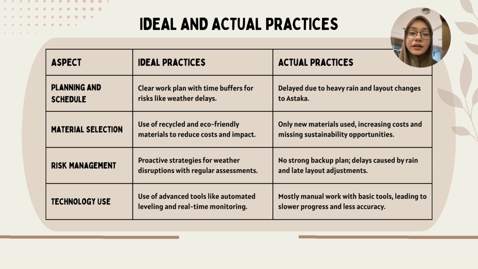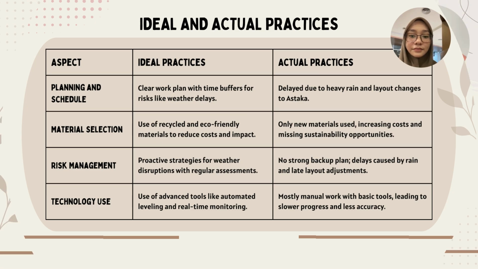Advanced tools like automatic leveling and real-time monitoring could increase efficiency. However, the actual practice relied on mostly manual work with basic tools, slowing progress and reducing accuracy. This comparison highlights areas for improvement to align actual practice closer to the ideal standard.